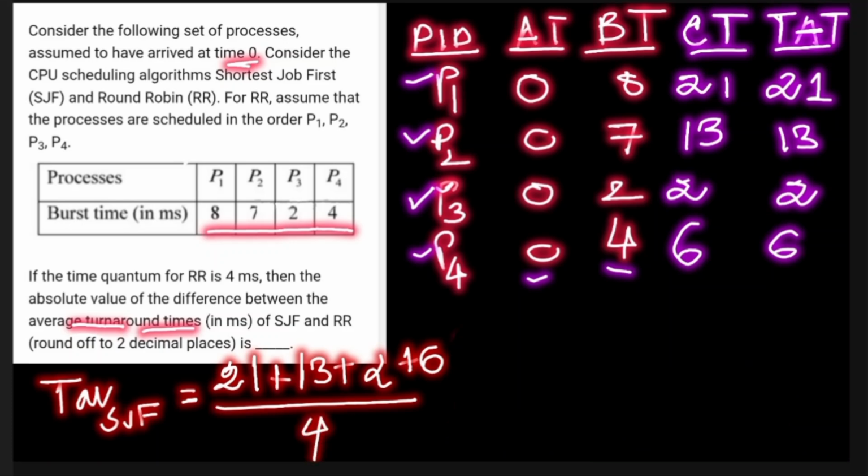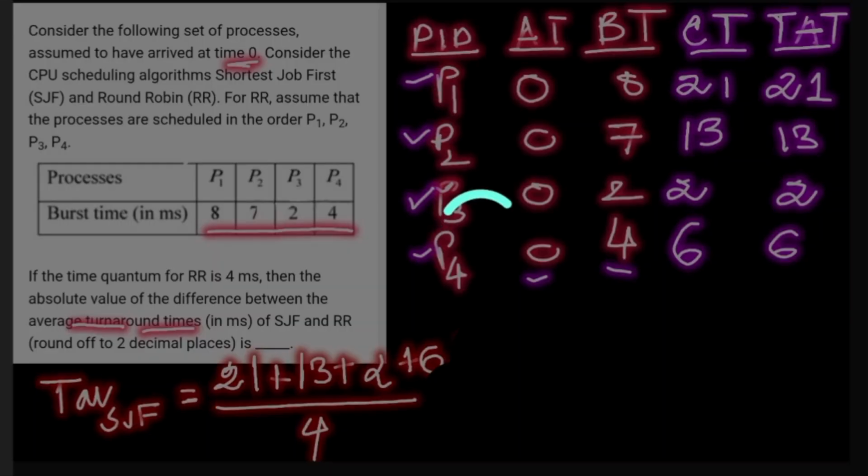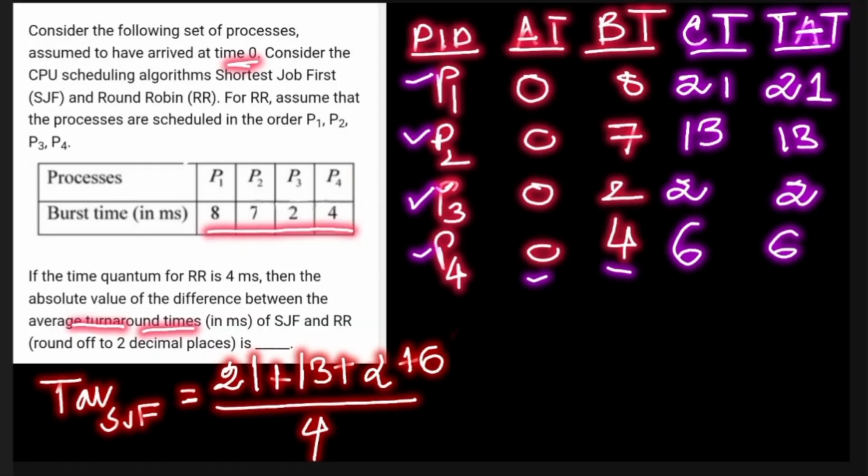If we calculate this in the calculator, we get the answer as 10.5. Okay, so we have calculated for SJF.